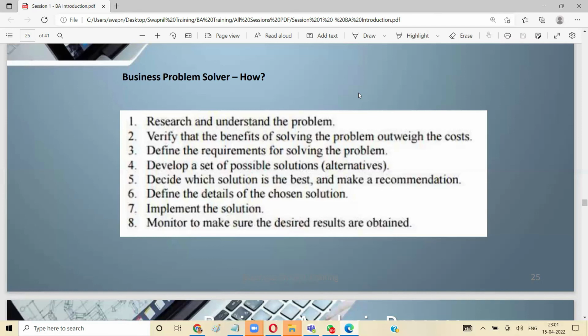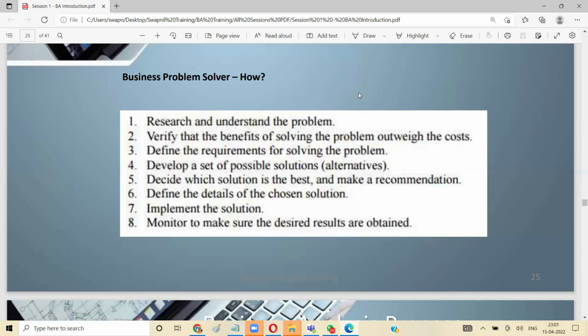Of course, you won't be implementing all the solutions, you will be implementing just one. But before you start implementing, you should have a set of solutions. Minimum 2 solutions you should have, and then you decide which among the 2 makes more sense, which is better.